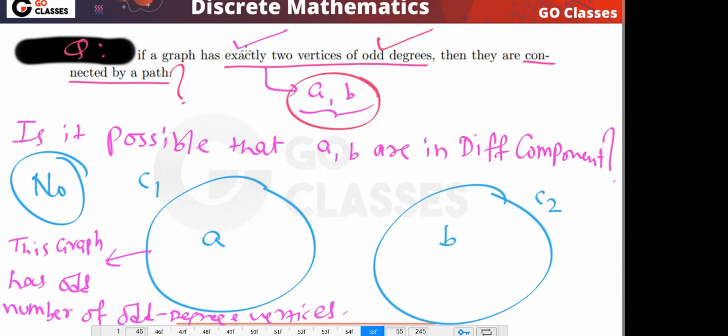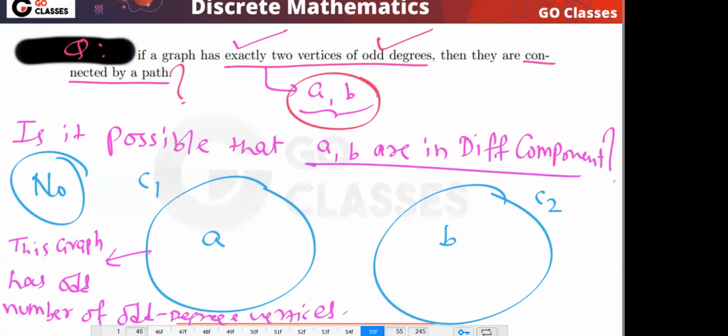This is given to you in the question. Is it possible they can be in different components? Yuvraj, tell me.